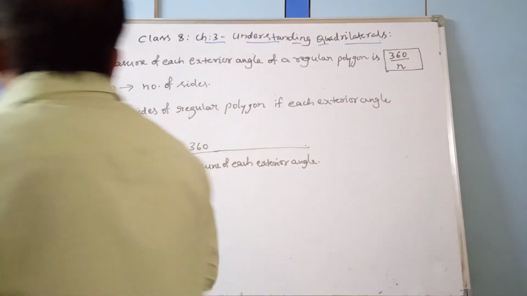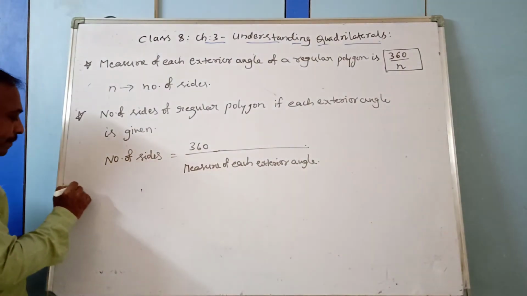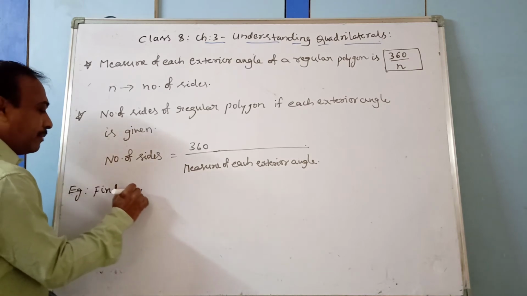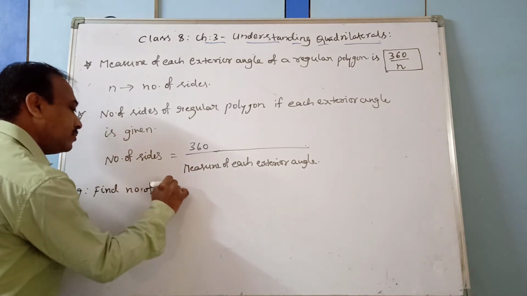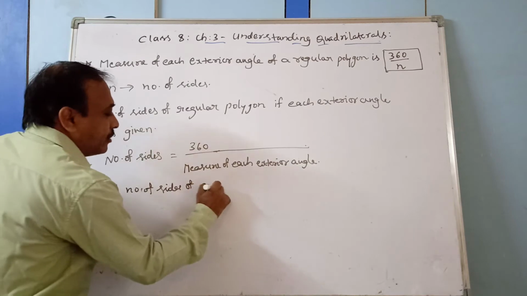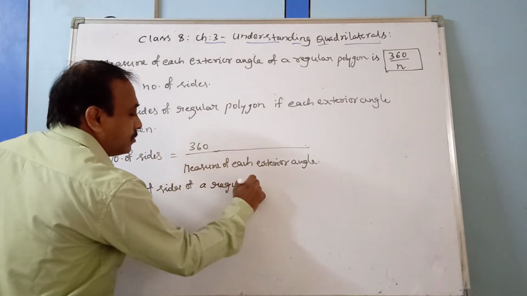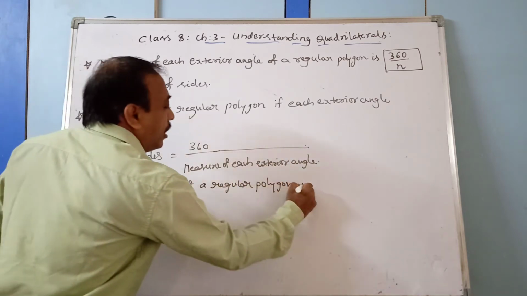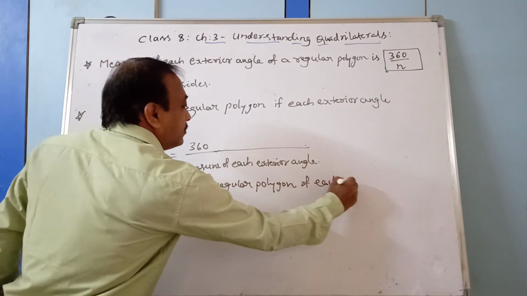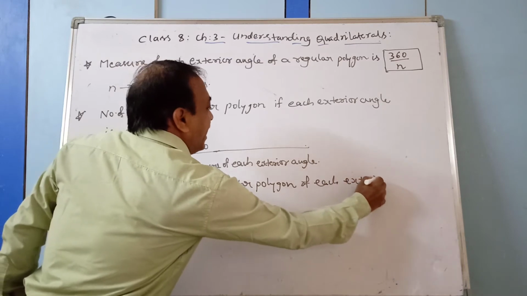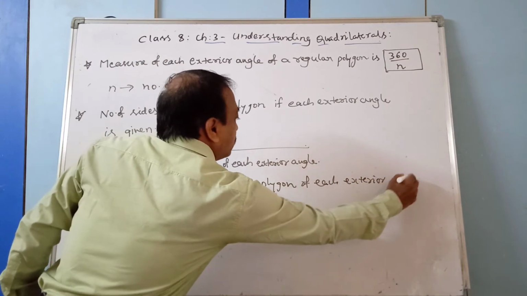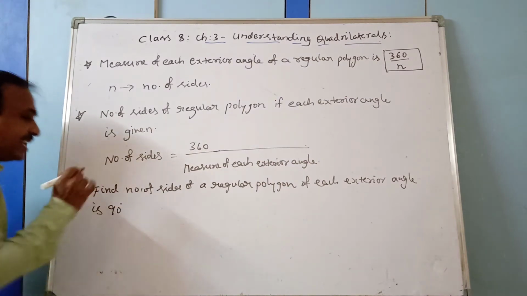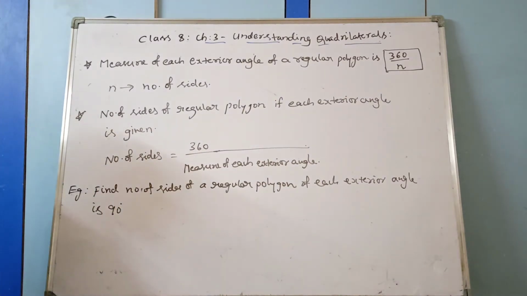Now you see an example. Find the number of sides of a regular polygon if each exterior angle is 90 degrees.